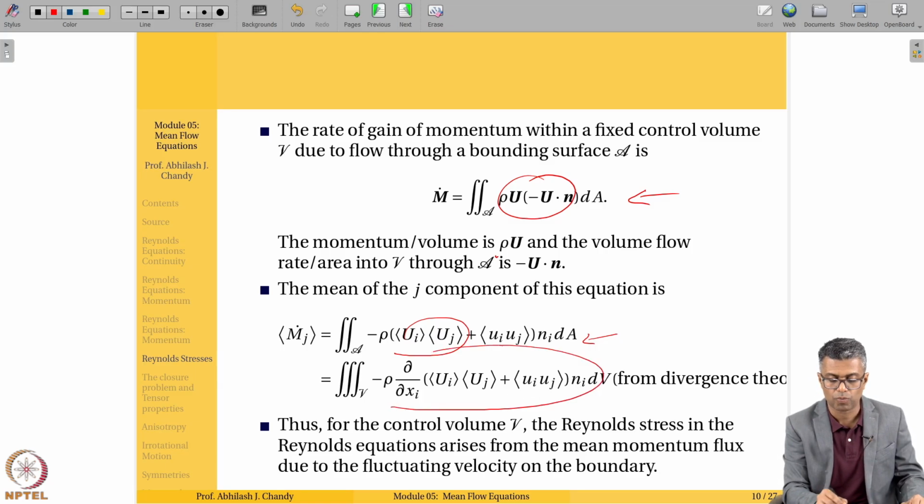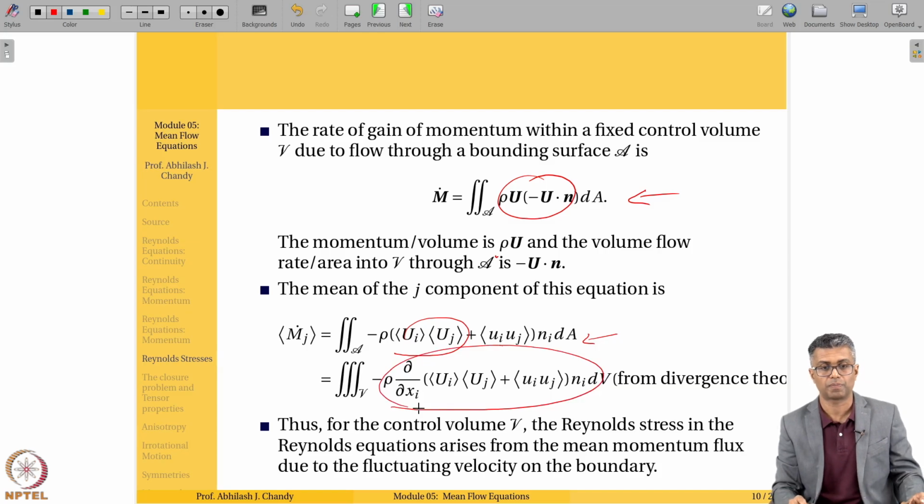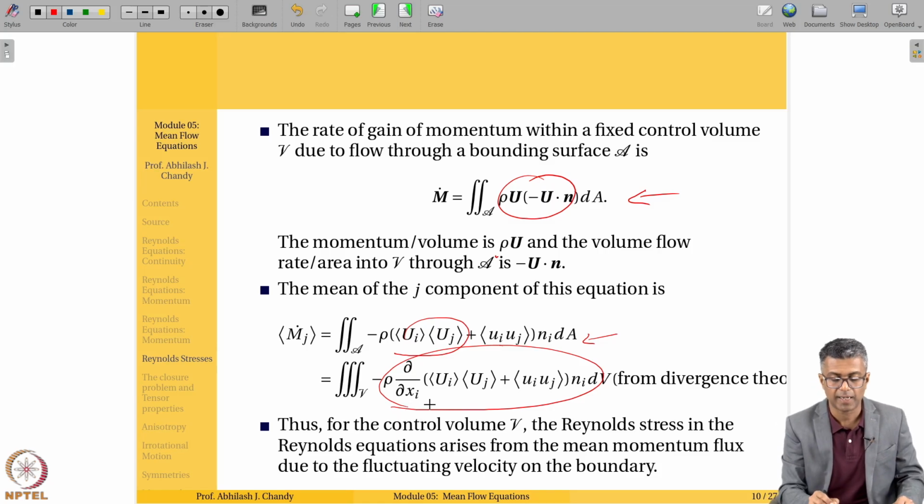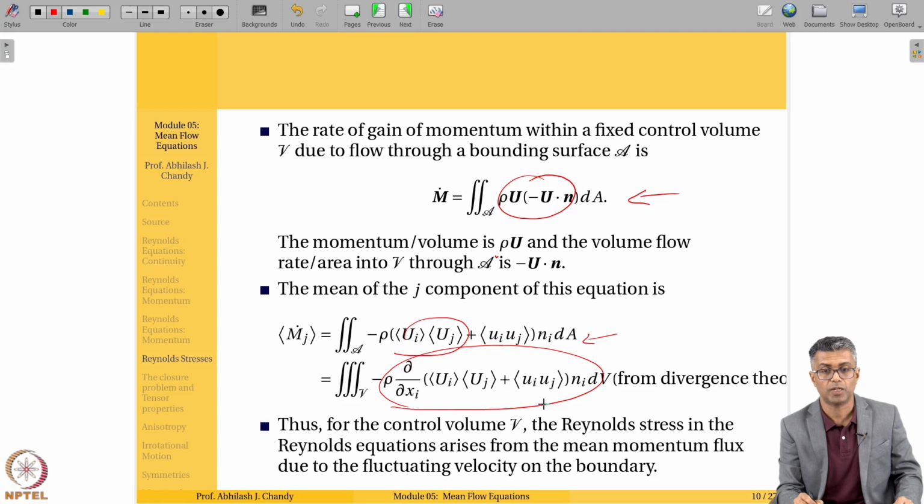This is exactly what you saw in the Reynolds equations. So the mean of the j component of the gain in momentum is given by del xi of ui uj mean plus ui uj, the Reynolds stresses. From here to here, you obtain it through the divergence theorem.